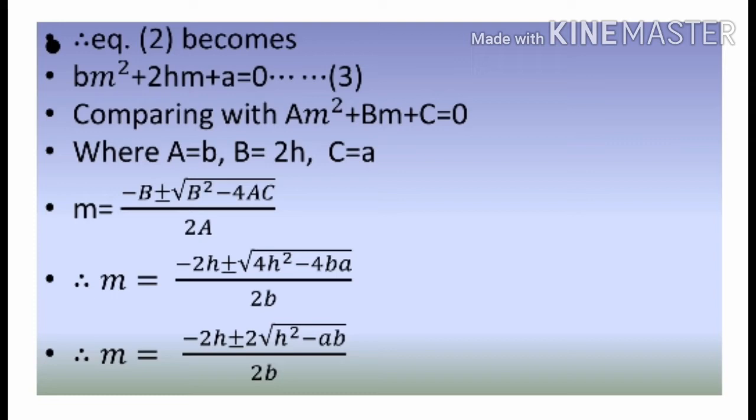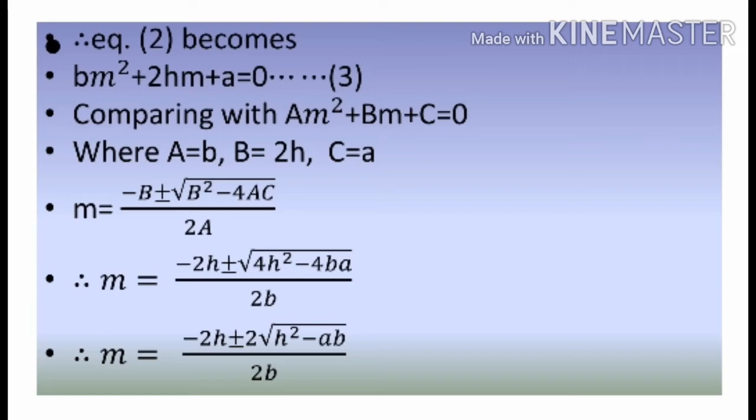Now this equation 3 is a quadratic equation. Therefore, comparing it with am² + bm + c = 0, we get a = b, b = 2h, c = a. We know how to solve the quadratic equation. The formula is m = (−b ± √(b² − 4ac)) / 2a.